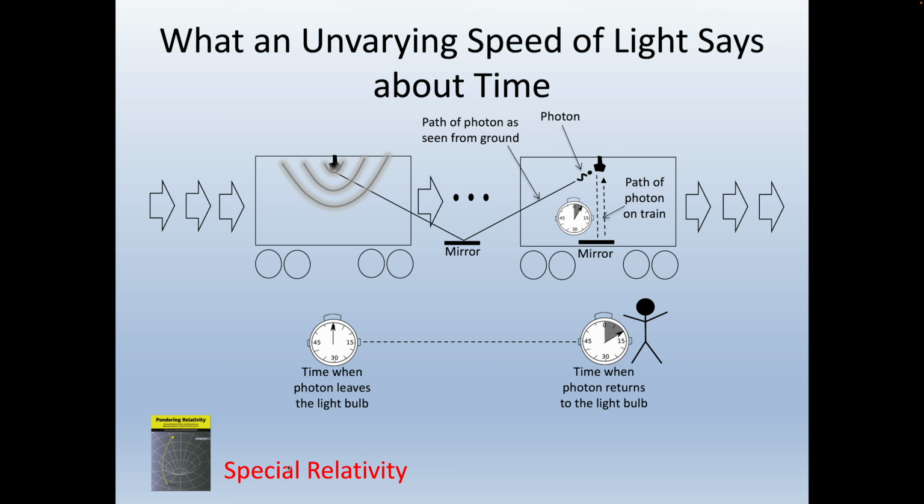That is, time moves more slowly on moving platforms to account for the shortened pathway of light as experienced on those moving platforms, sometimes referred to as compressed space. Time on moving platforms moves more slowly.